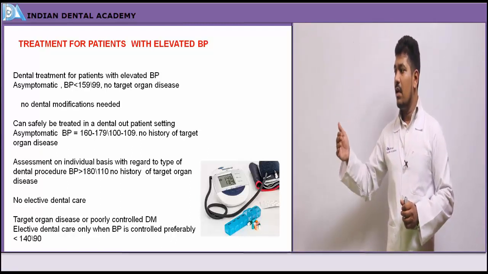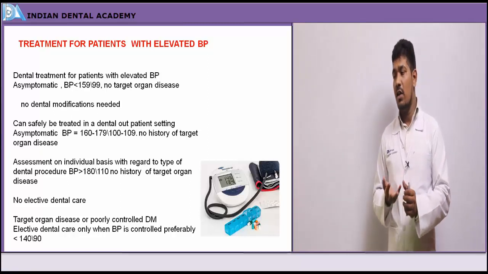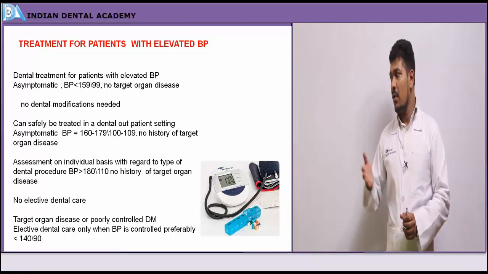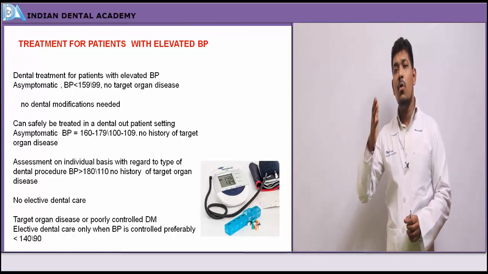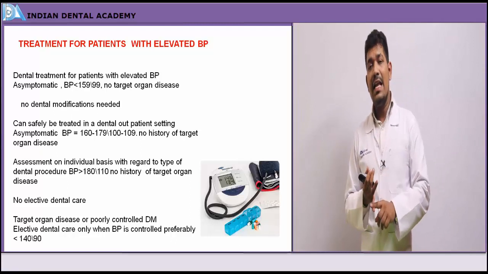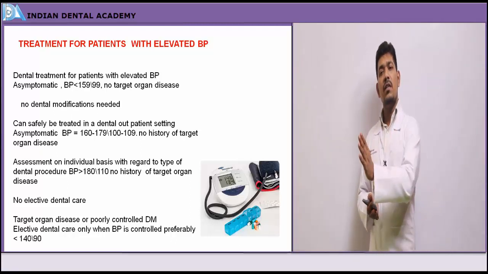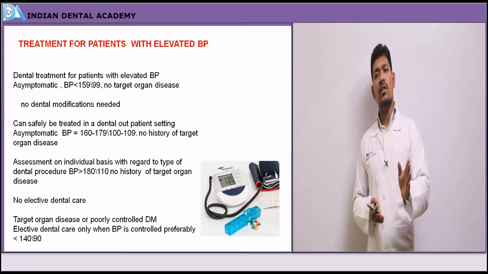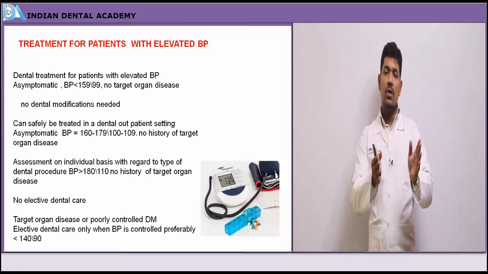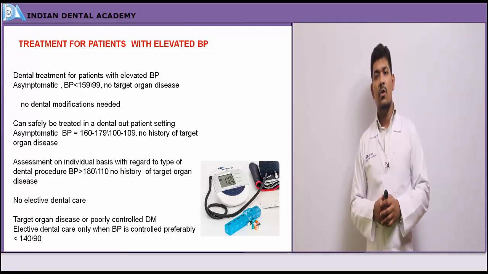Now if the patient has any target organ disease, or if the patient is symptomatic, or if the patient has BP more than 180 by 110, in these cases even elective dental treatment is not meted out to the patient until the BP is controlled back to at least around the stage 1 or stage 2 range of your SBP by DBP.